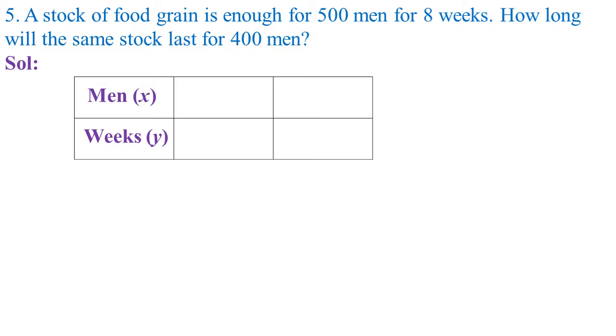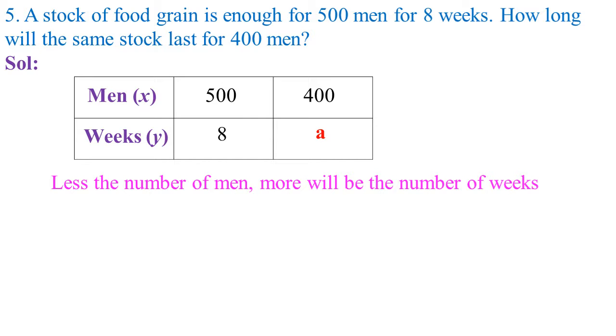A stock of food grain is enough for 500 men for 8 weeks. Let's find the number of weeks the stock lasts for 400 men. So we should find the A value here. Fewer men, more weeks. So it is in inverse proportion.